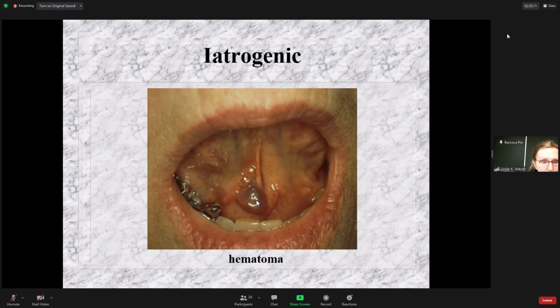I showed you this before in oral histology, and this created this blood blister called a hematoma. So this lesion was induced by a hygienist while rendering care.